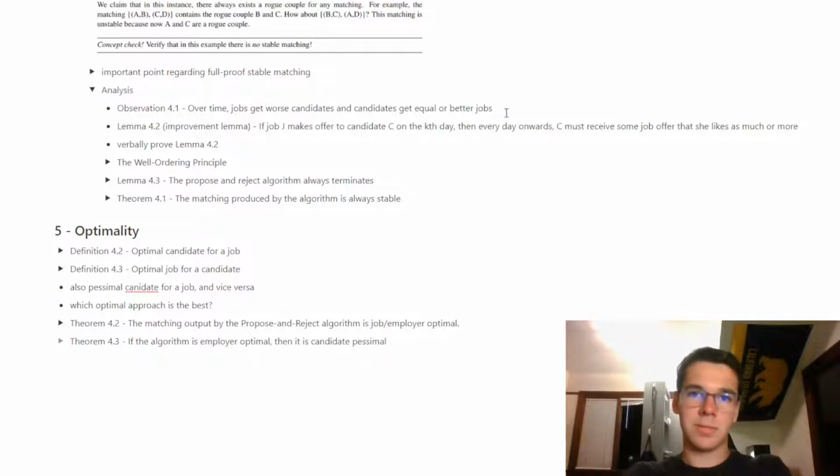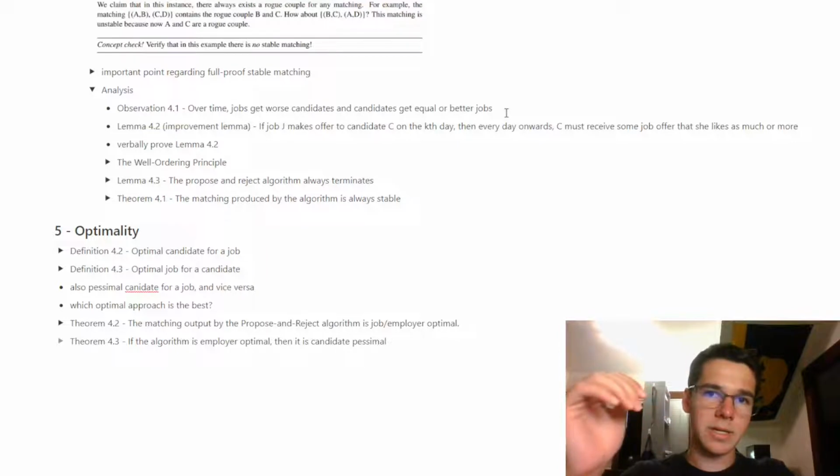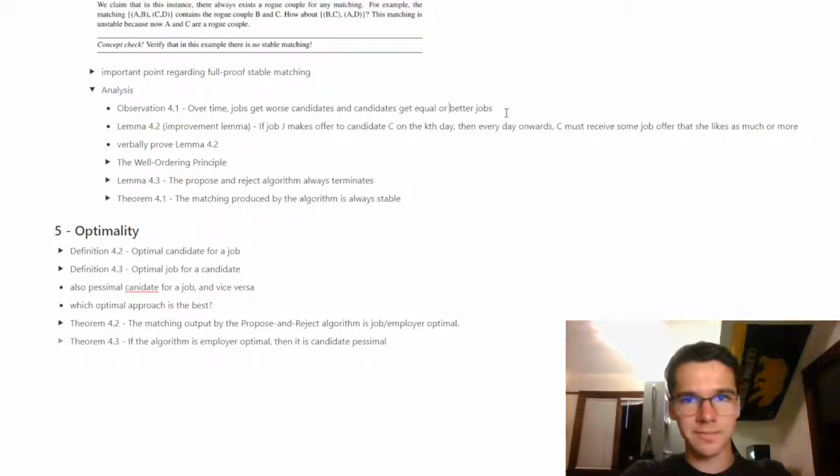If we think about how this works, the jobs make proposals to their highest ranked candidates at the very start, right? And the candidates can choose to either accept or reject, depending on how many offers they get.